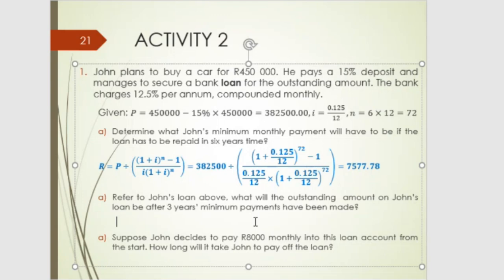It's like if you have a cell phone contract and you decide, I think I've paid enough. Nowadays cell phone contracts can be 36 months. I've seen that with MTN.